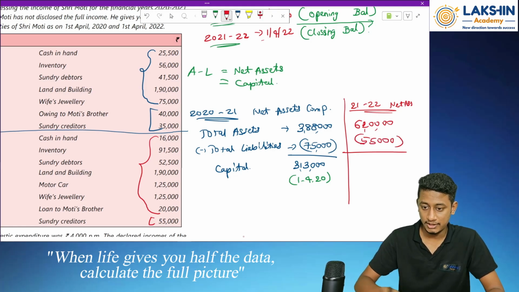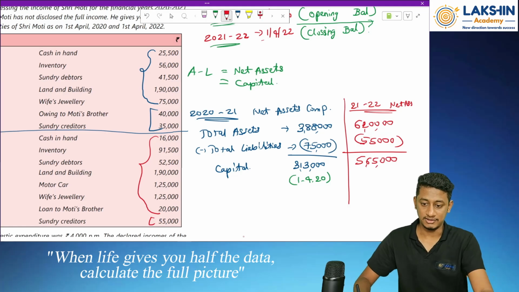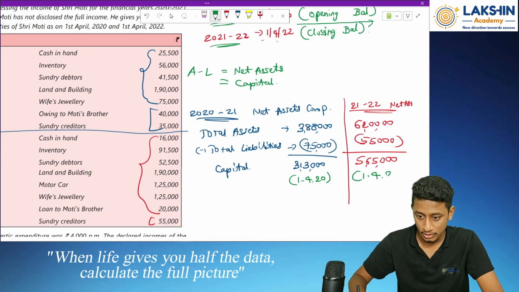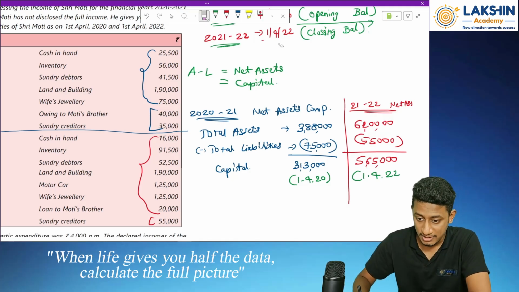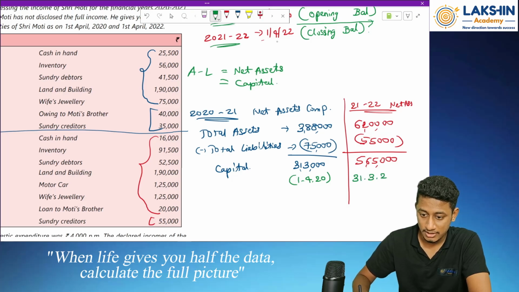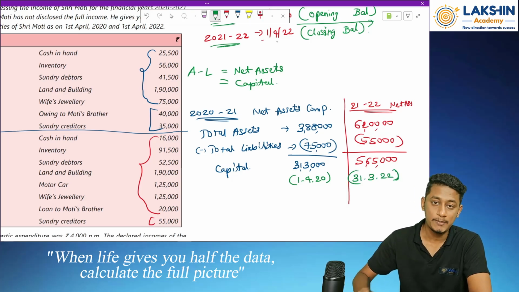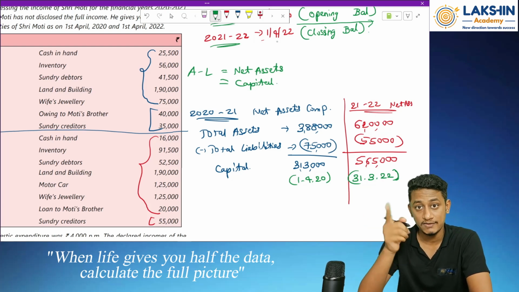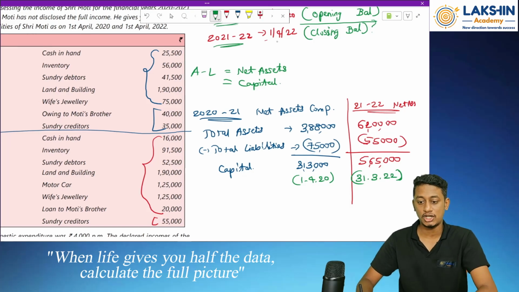If I deduct and find the value, 6,20,000 minus 55,000 equals 5,65,000. So this value is on 1/4/22. Instead of 1/4/22, I will just write it as 31st March 22. Both are one and the same because the closing capital will be the opening capital for the next year. They have given us the opening values of the next year, so the same will be the closing value of the previous year. So I have mentioned it as 31/3/22.